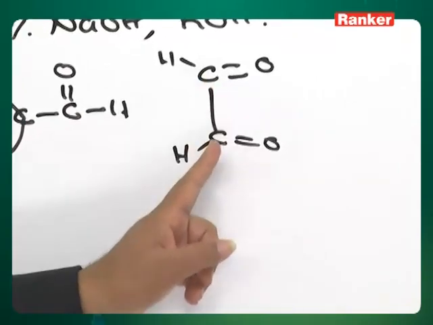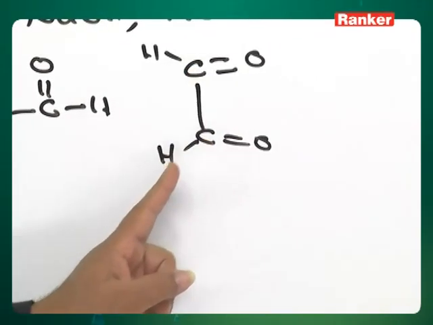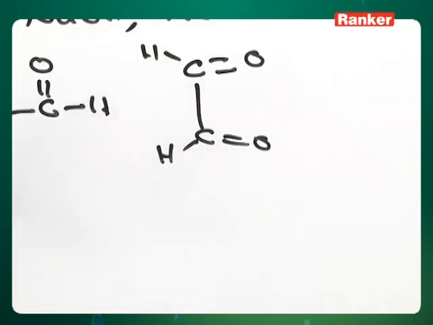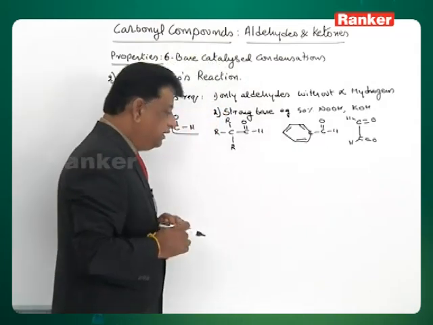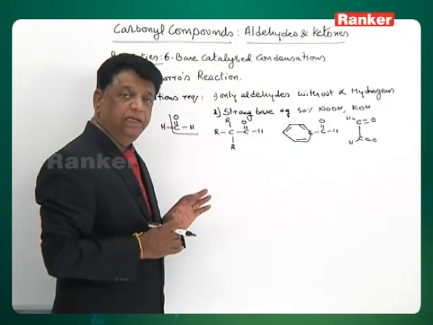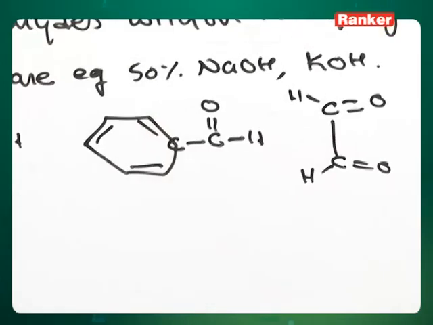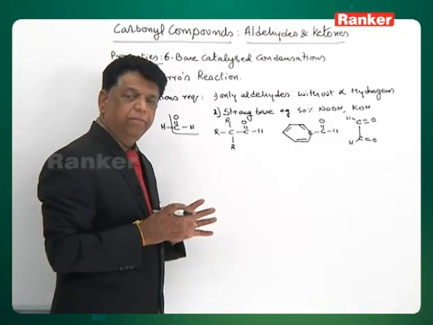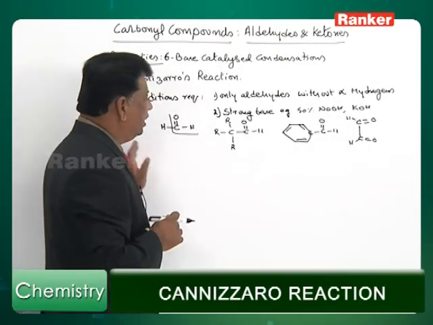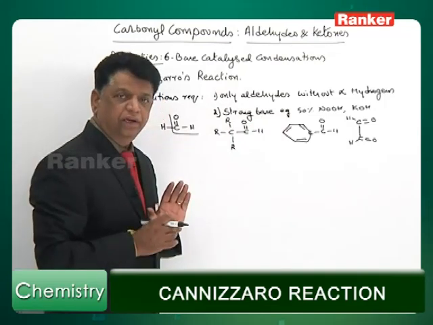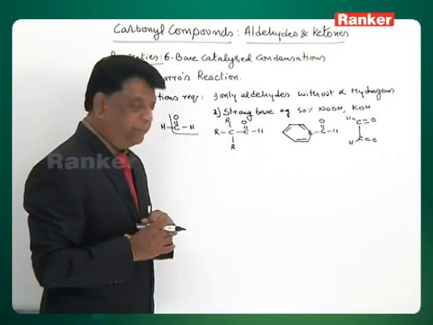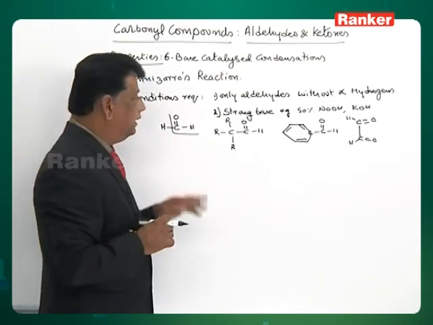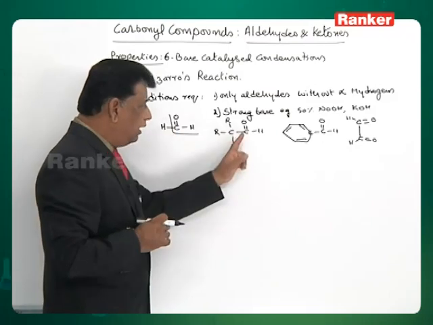Here, by virtue of position it is alpha to the functional group, and hydrogen is there, but can this show hyperconjugation? No, both are unsaturated only. Therefore it is not by position but conceptually. Alpha hydrogen means hyperconjugable, or tautomerizable, or enolizable. That concept is important here. So in all these compounds there is no hyperconjugation, or the tautomerizable hydrogens are absent. Therefore they do not undergo aldol condensation, and they undergo Cannizzaro reaction because they are all aldehydes.